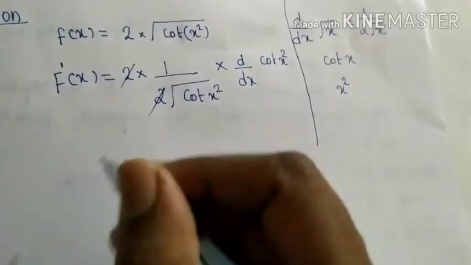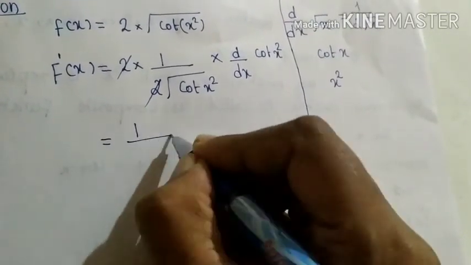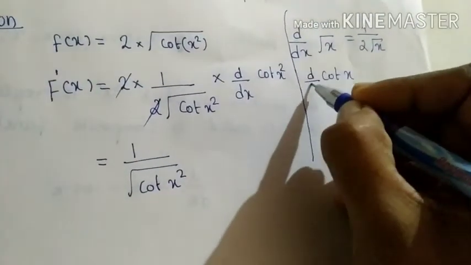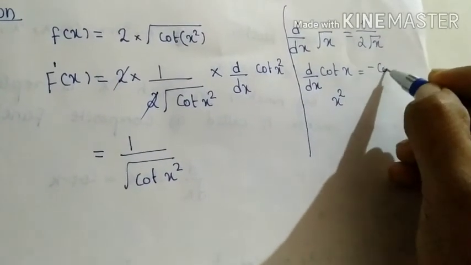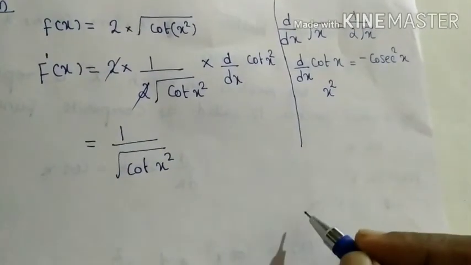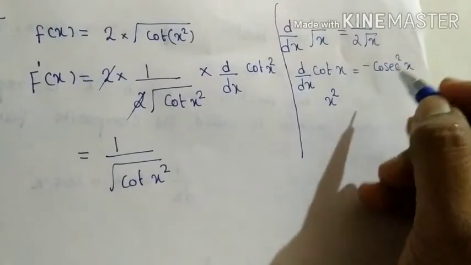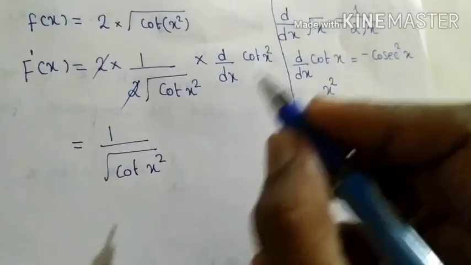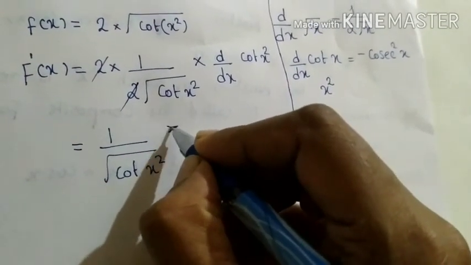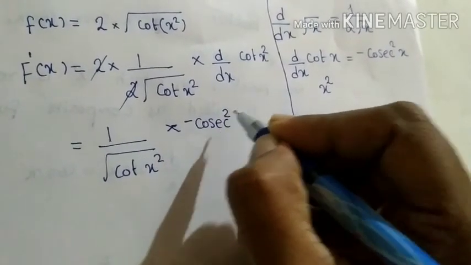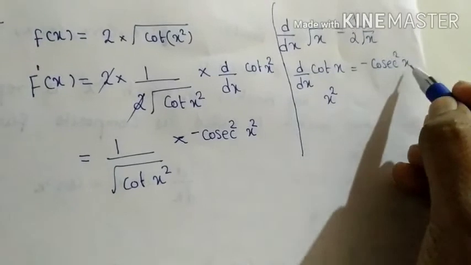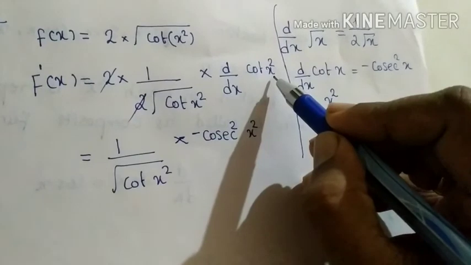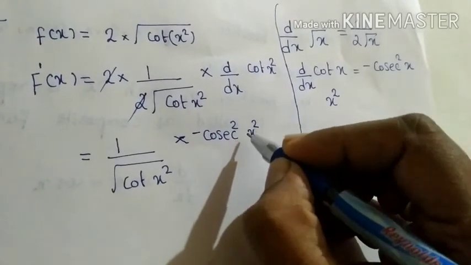And these two will cancel each other. We get 1 by root of cot of x square, and we know that the derivative of cot x is minus cosec square x. If derivative of cot x is minus cosec square x, then derivative of cot x square will be minus cosec square x square. Here x is replaced by x square. Okay, and next function is x square.